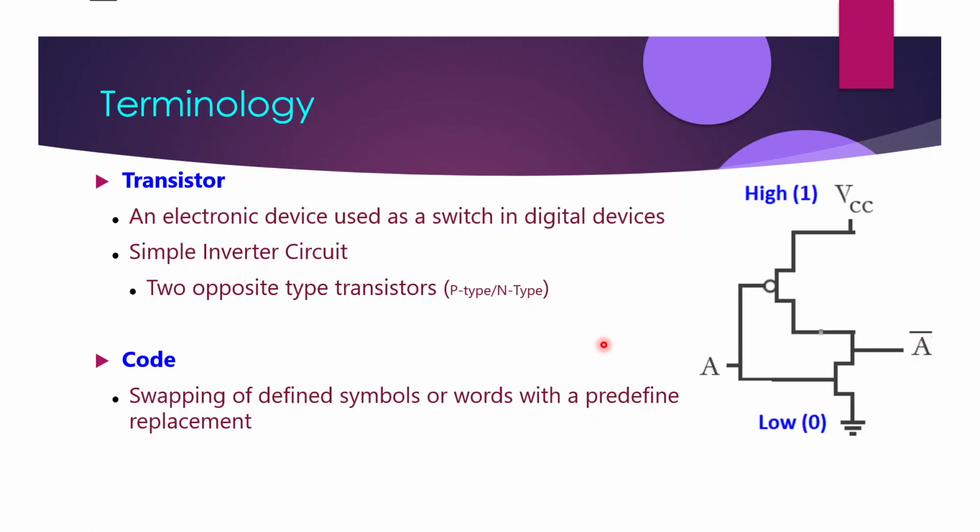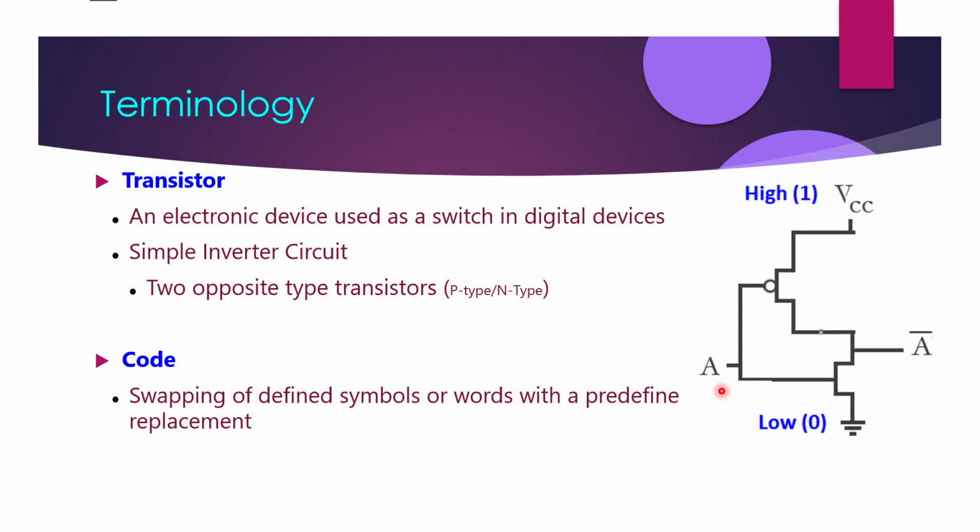A 1 in gives you a 0, or a low out, and a 0 in will give you a 1 out. This is about the simplest type of digital circuit that you can build using transistors. The top transistor here is a P-type transistor with the bubble, which is the opposite of the N-type down here.